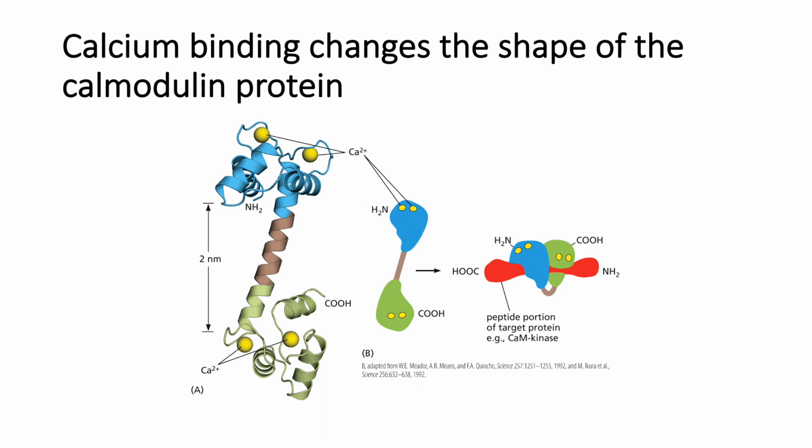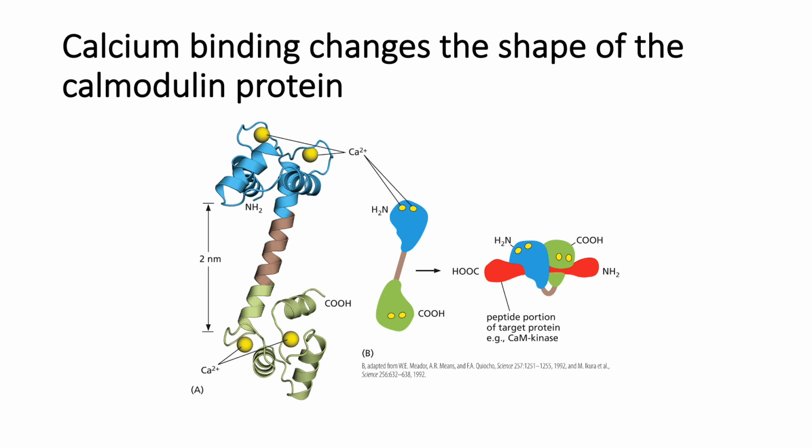So the calcium binding to the calmodulin causes an allosteric conformational change. That conformational change then allows it to bind to other proteins and activate or inactivate them. So the example that's shown here is that the calmodulin, which is bound to calcium, is binding to a particular target protein, which is a kinase. And a protein kinase will phosphorylate all kinds of other proteins and modulate their activity.